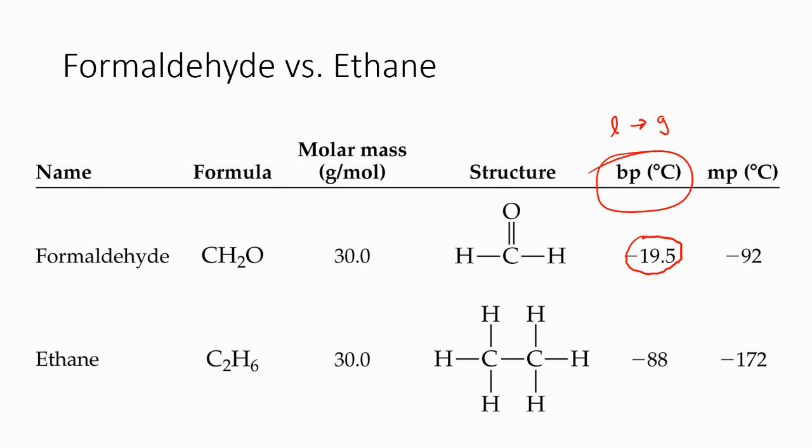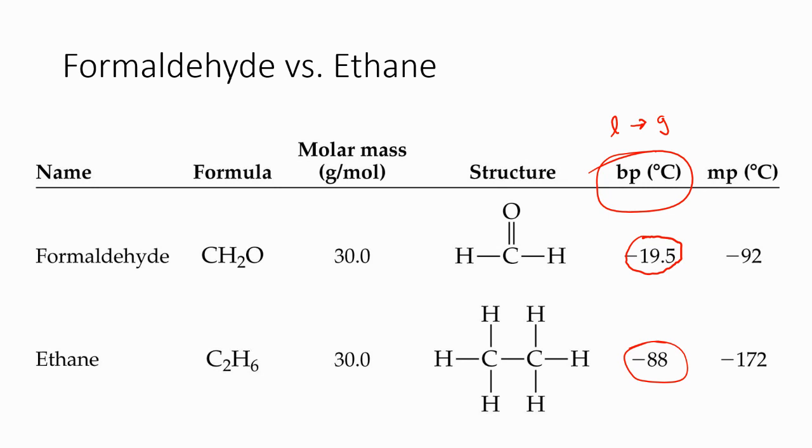Okay. Now, to be clear, that is not a very high temperature, but compare that to the ethane, which boils at negative 88 degrees Celsius. What should we take away from that? It's much easier to boil ethane than it is to boil H2CO, which is called formaldehyde.